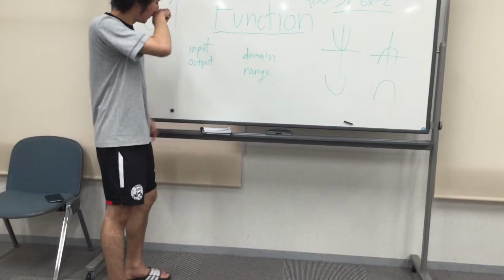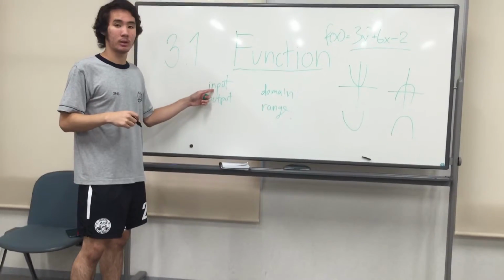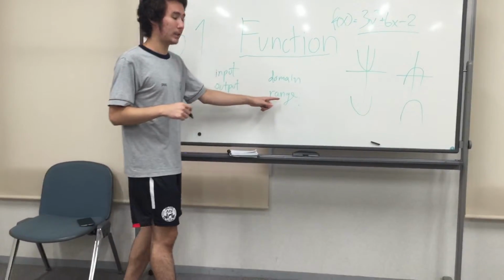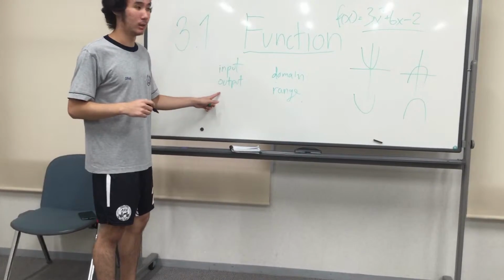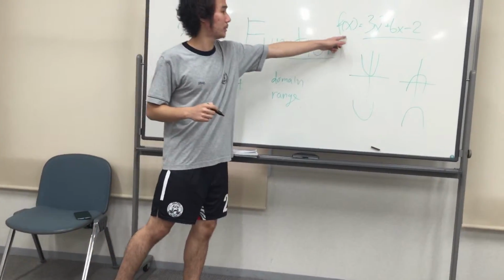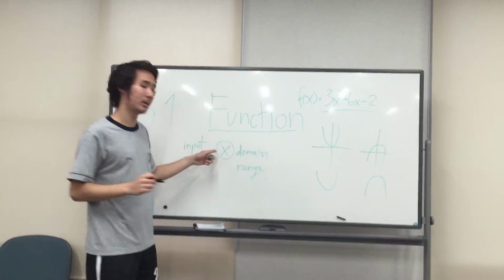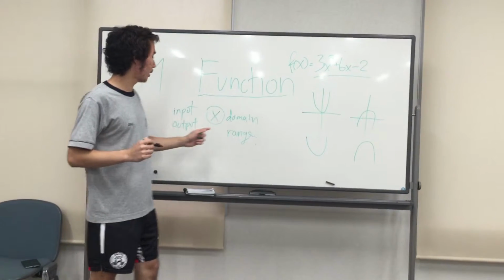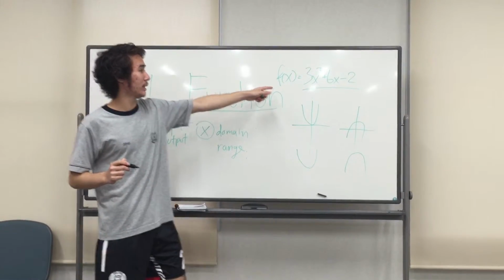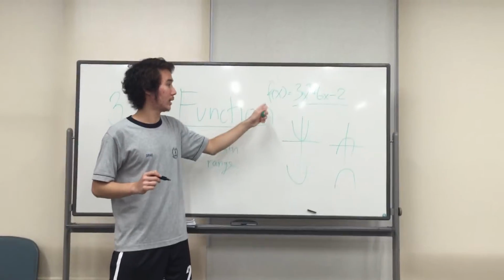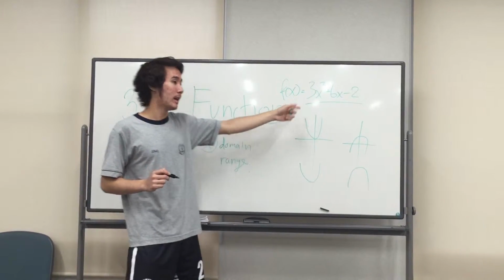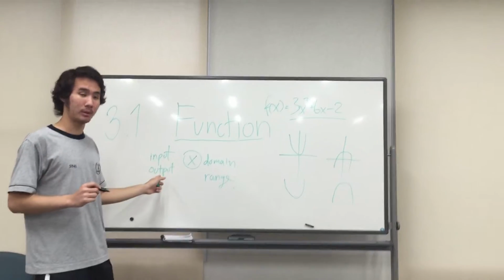Domain is the input of the function. Range is the output of the function. So if our function is represented by f of x, the domain is going to be x. Why? Because in this function, we need an input of x that we put inside the function, and it gives out the output.